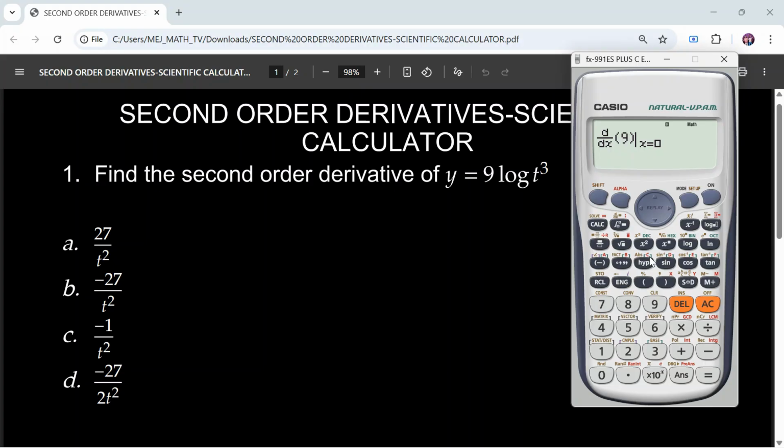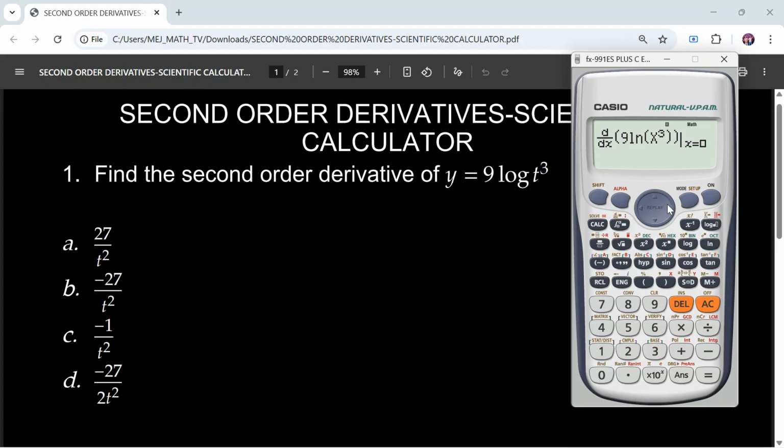Now anytime you are using the scientific calculator to find the second order derivative of logarithmic functions, you should change the log to ln. And so we are going to have ln t cube. We don't have the variable t on the calculator, so we are going to use x as t. So we are going to have alpha x then cube, and then we close it.